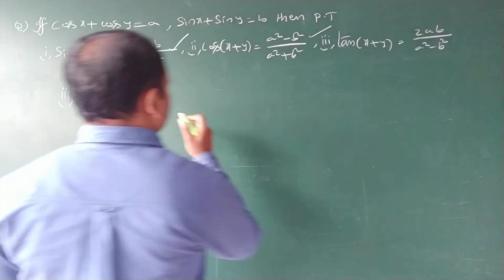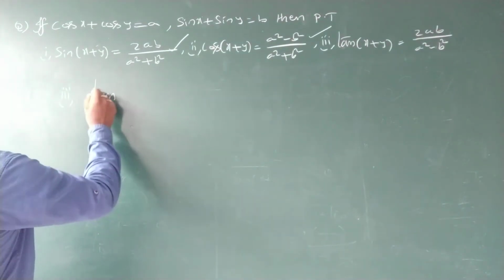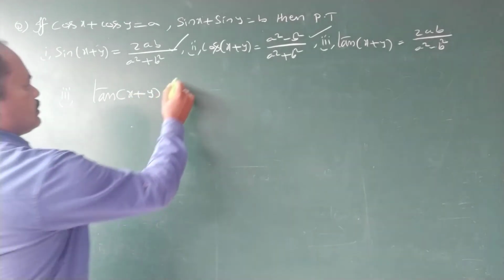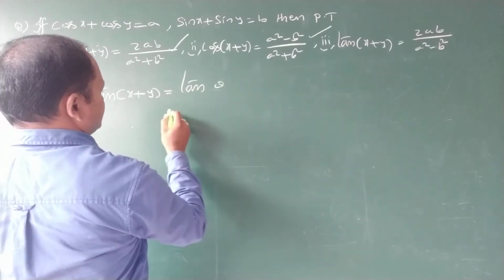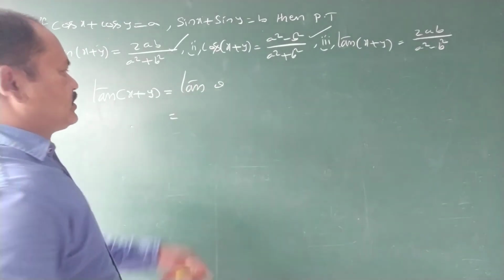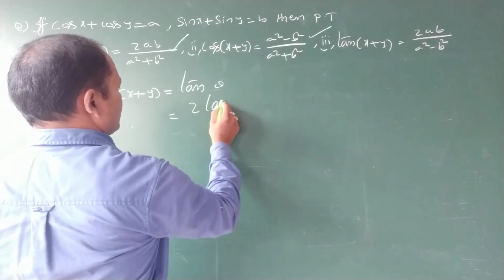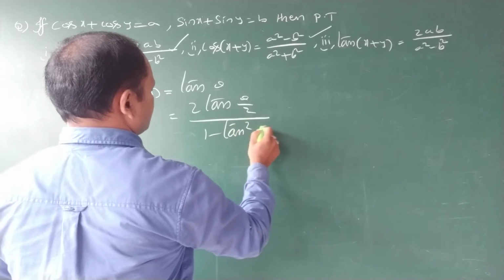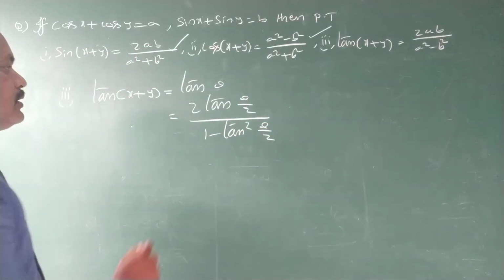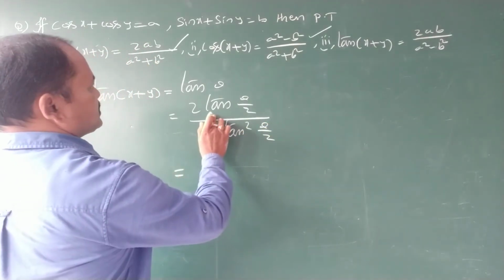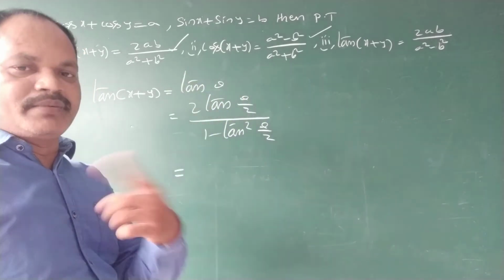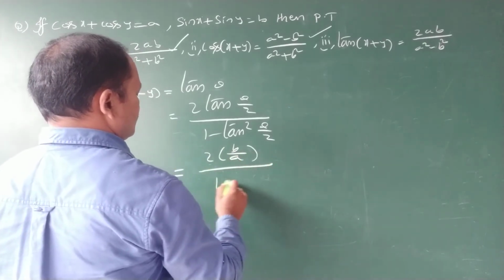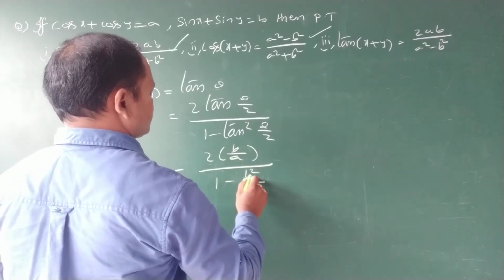Now the third one, that is tan(x plus y). x plus y is theta, then tan theta in terms of the tan formula is 2 tan(theta by 2) by 1 minus tan square(theta by 2). In place of tan(theta by 2) we write b by a, so 2 times b by a by 1 minus b square by a square.